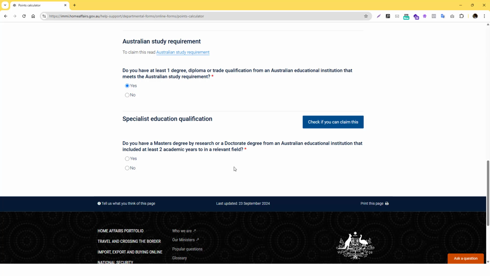Now this part is only claimable if you studied a master's by research. A lot of people misunderstand this because most of the master's courses in Australia are master's by coursework, not master's by research. To get into a master's by research, you need to have either a master's by coursework before, or you need to have an honours degree.